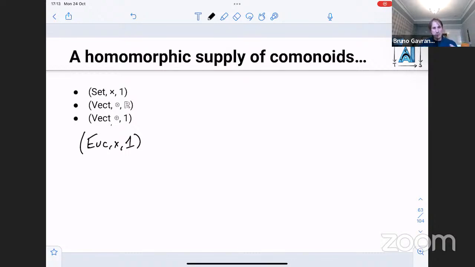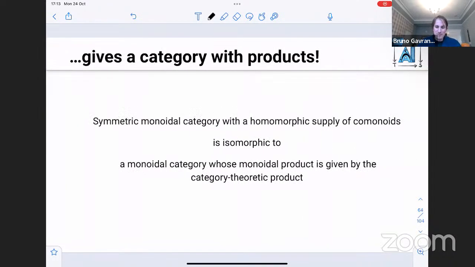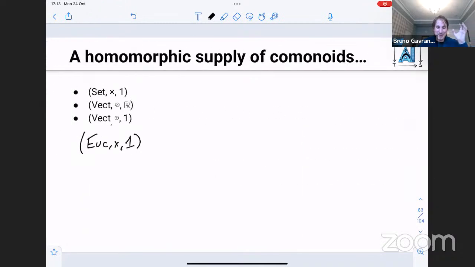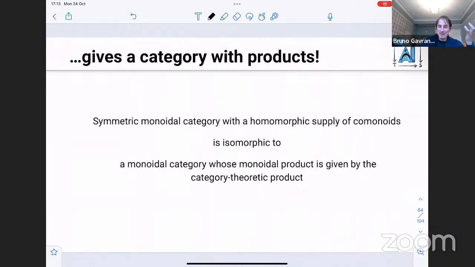We can talk about copying information. We can see when processes are deterministic or not, and we can slowly start to have this very expressive language. And as maybe a cherry on the cake, if you have a category with a homomorphic supply of comonoids, that gives you exactly a category with products.